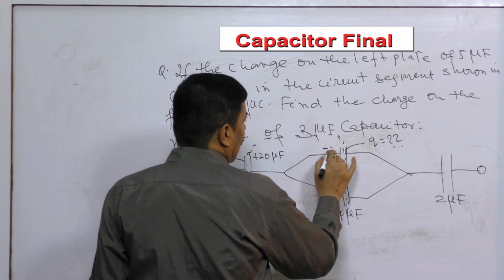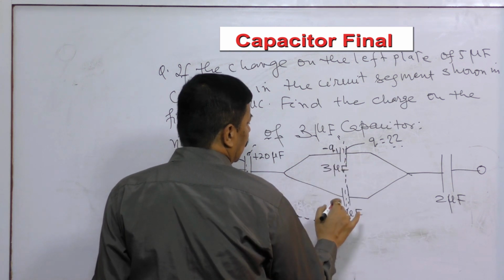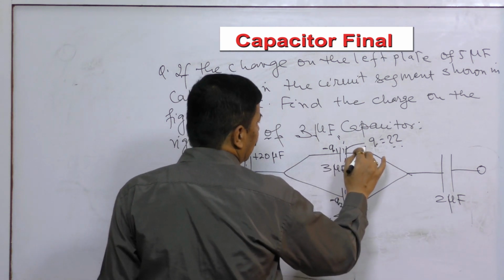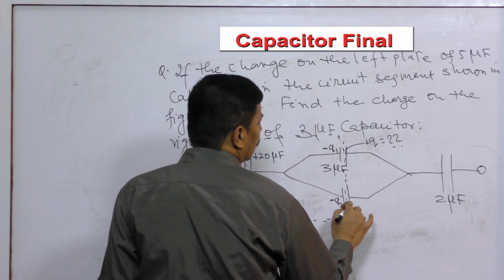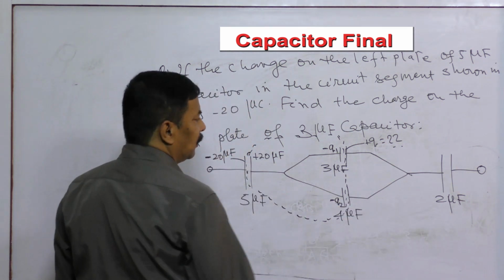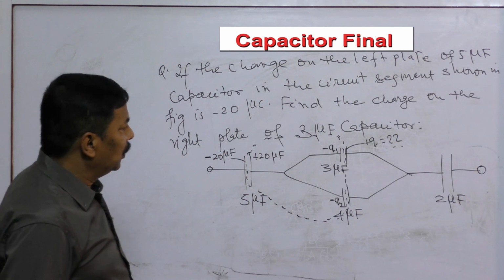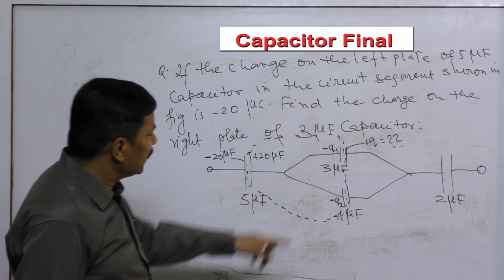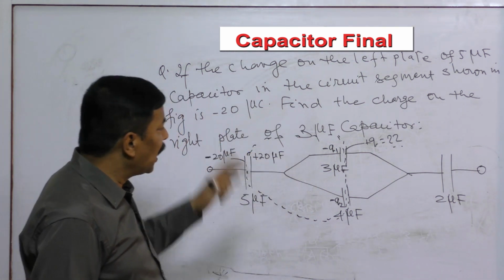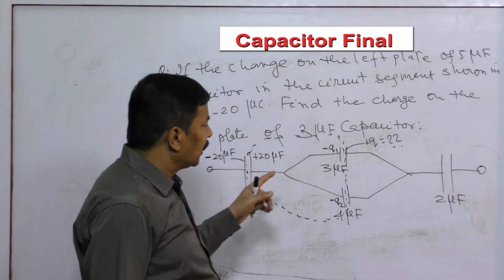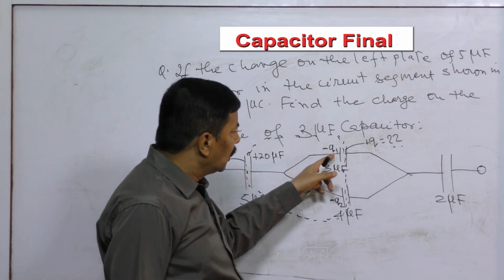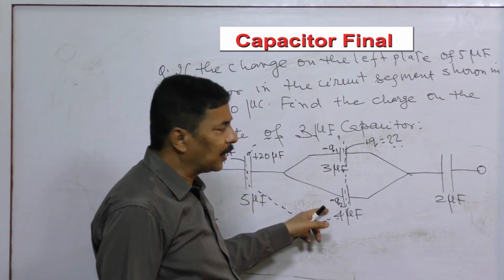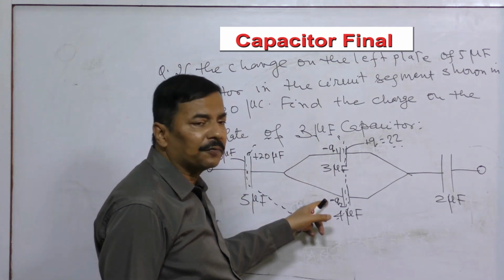So here it will be minus Q1 minus Q2 because plus is there, and here it will be plus Q, and like that only plus will be there. Now if we are able to find minus Q, then this will be plus Q. This is isolated. What I would like to tell you, see that here capacitance is different, so charge is different, and charges are in the ratio of capacitance.